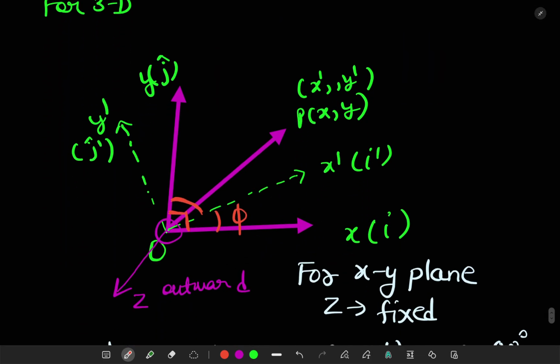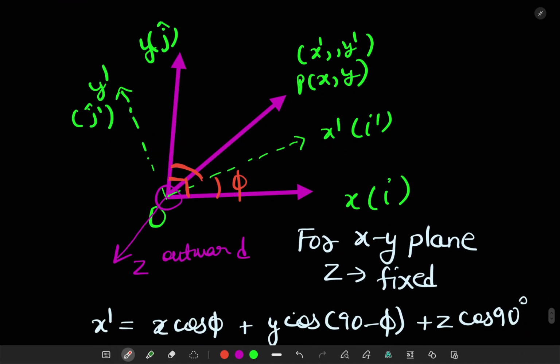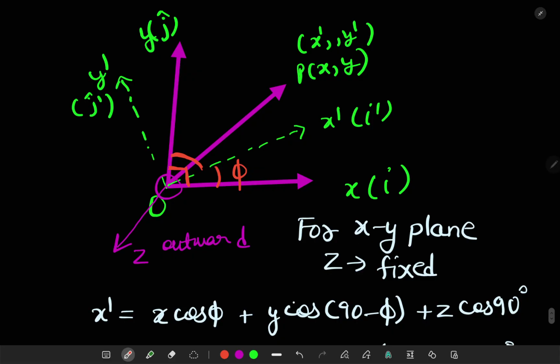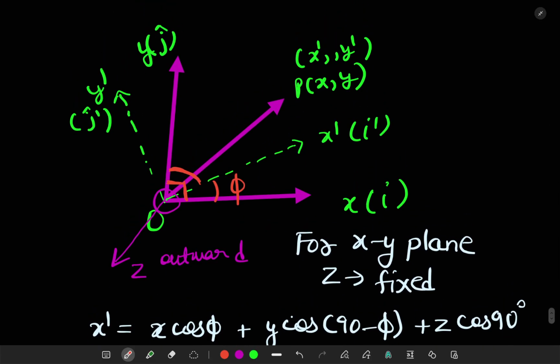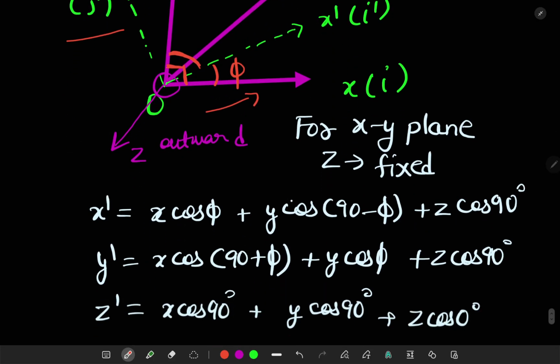Similarly for 3D, in this case we take the z axis as fixed and take the xy plane. When we shift the x axis and y axis by some angle phi, the new axes become x dash, i dash, and y dash, j dash.